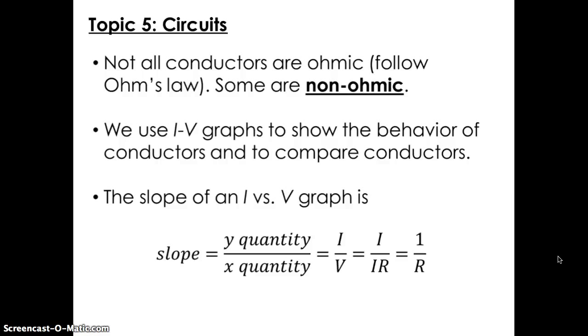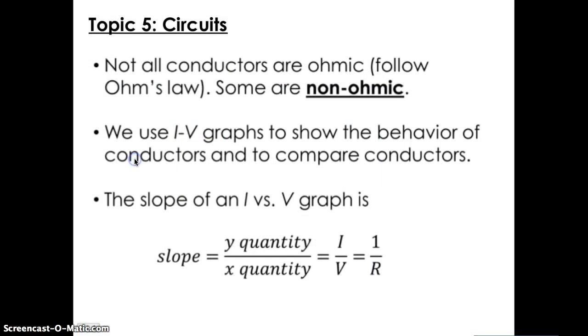What we do is we compare ohmic and non-ohmic behavior using a graph. So the graph that we use is an IV graph, which means current on the y-axis, graphed against potential difference or voltage on the x-axis. The slope of any graph is the y quantity over the x quantity.